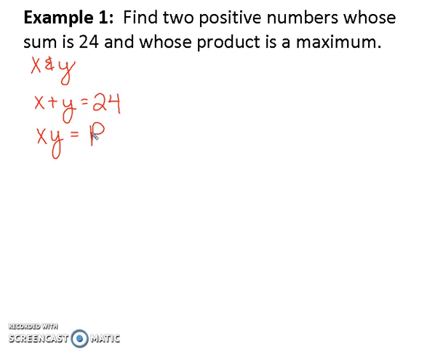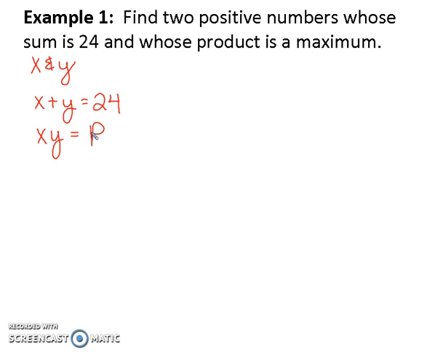Thinking about maximums with graphs, maximums occur where the derivative is equal to 0, or where it does not exist. So I am essentially going to want to take the derivative of that P equals xy equation. The only problem is that it currently has 2 variables in it. When I'm taking the derivative without having to do implicit differentiation and all that, I can only have 1 variable in there. So that P equation needs to be written either all in terms of x or all in terms of y.